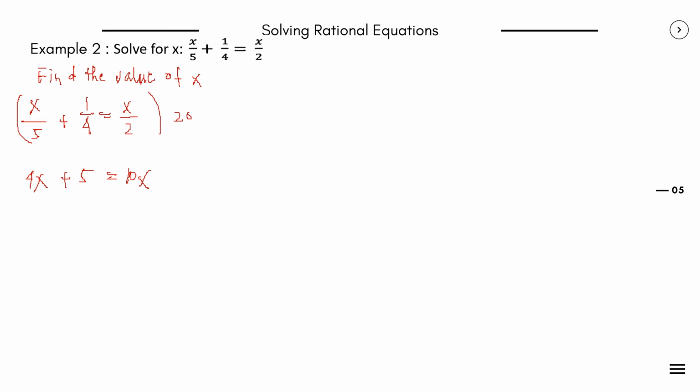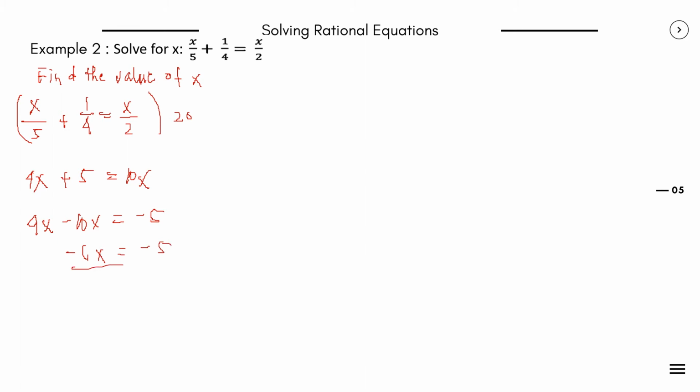So, let's have the solution. Kagaya kanina, pagsamahin natin lahat ng may variable and then yung constant ilipat natin sa kabila. So, 4x minus 10x is equals to negative 5. Combine like terms, 4x minus 10x will be negative 6x is equals to negative 5.